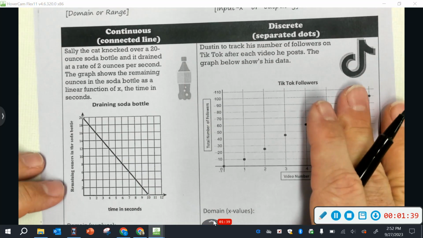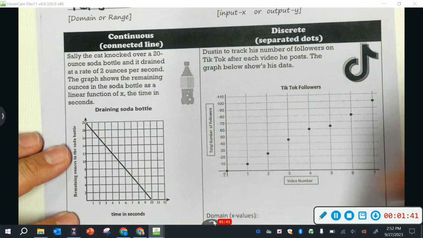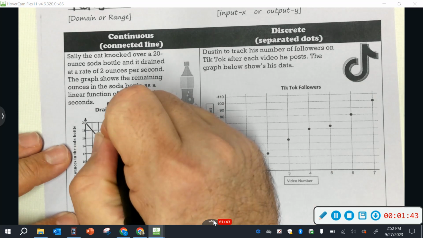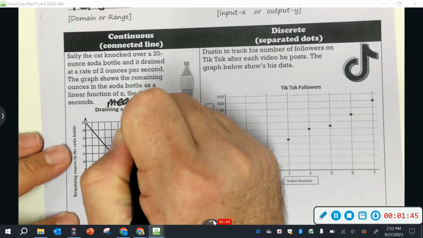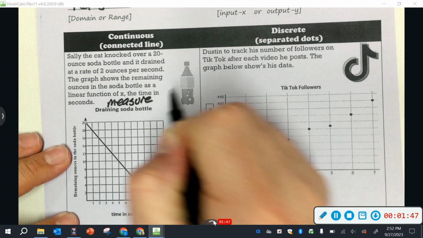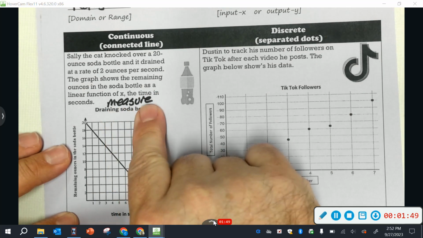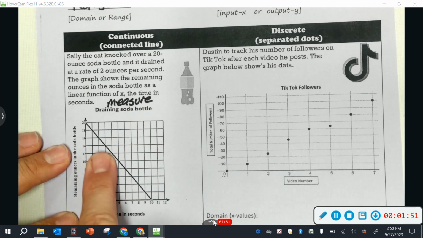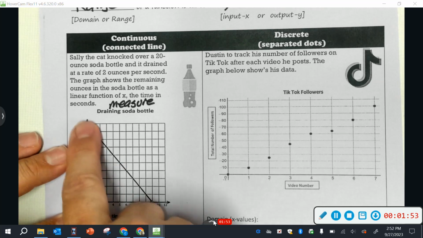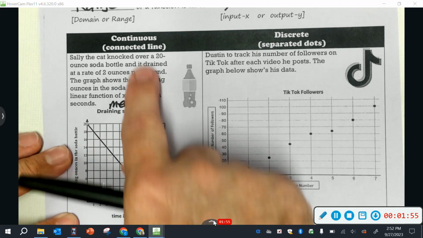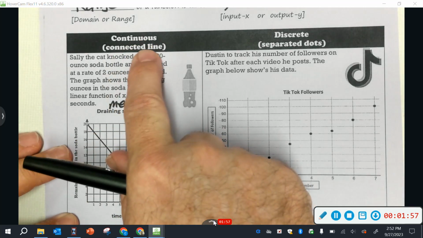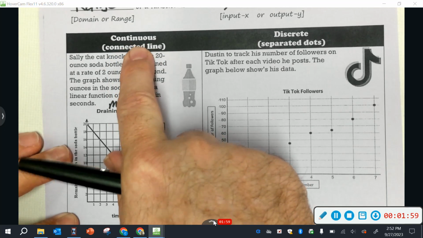Okay, so when we have a continuous situation, any type of situation where we measure, it is going to be continuous. Okay, so that's why we have a solid line here. A solid line, or a connected line, means we have a continuous situation.